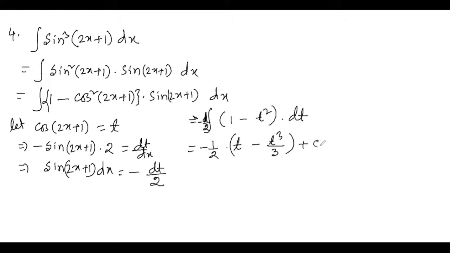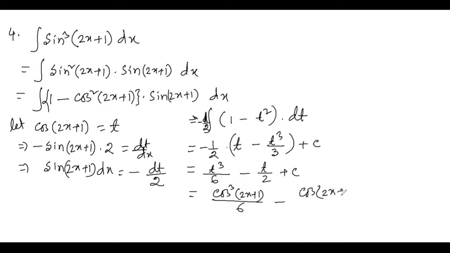Okay, plus c. Now we put the value and we multiply. So it will be t cube by 6 minus t by 2 plus c. T is here cos (2x plus 1), so cos cube (2x plus 1) by 6 minus cos (2x plus 1) by 2 plus c. This is the answer.